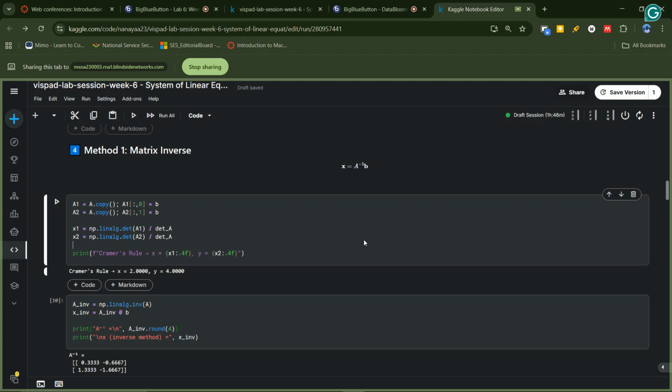Our matrix A was negative 5, 2, negative 4, and 1. Matrix A with its first column, you remember the difference between row and column, replaced by the vector b. Instead of the column negative 5, negative 4, we replace the first column of A with the vector b, which is negative 2 and negative 4.